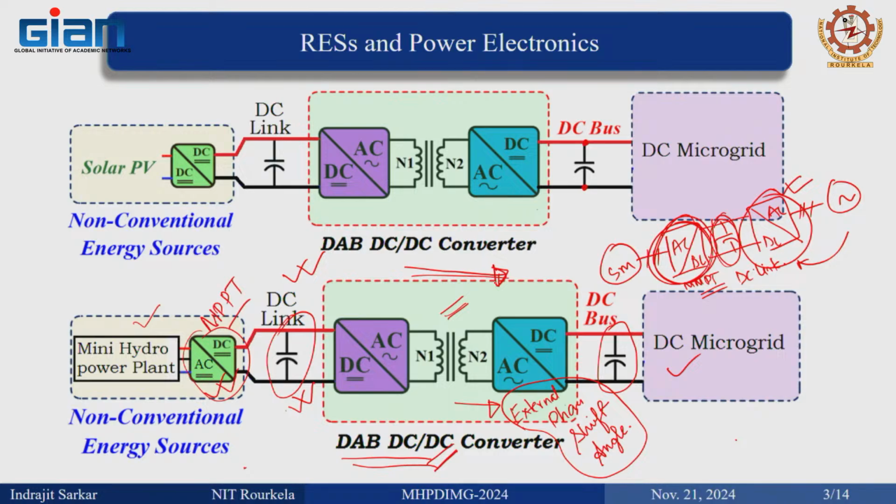Now, the question is, since it is mini hydro or solar PV, it is unidirectional in nature. Power only flows from source to the load. Here also power flows from source to the load. So, you might not need two active bridges, an active bridge here and an active bridge here.